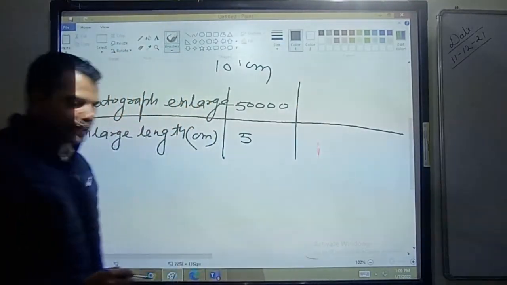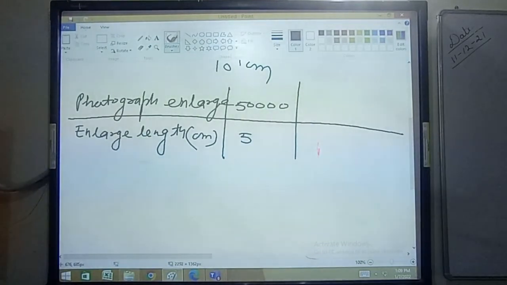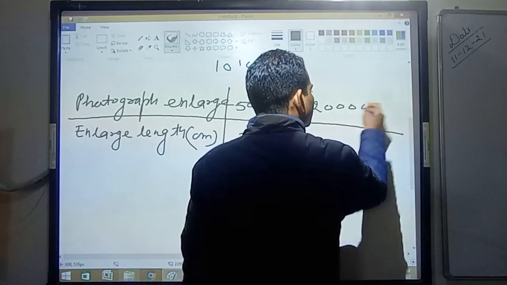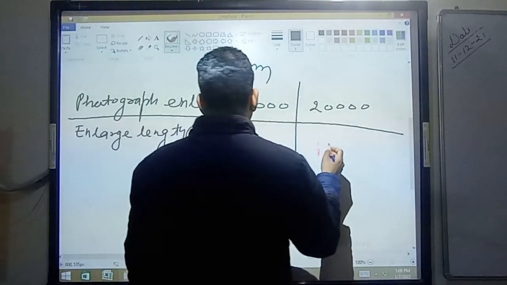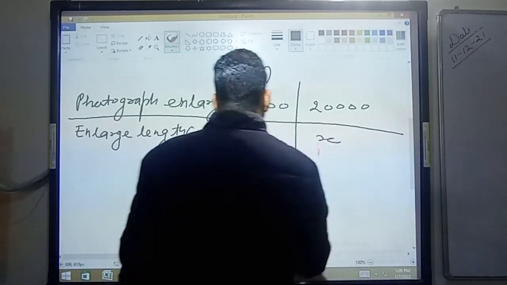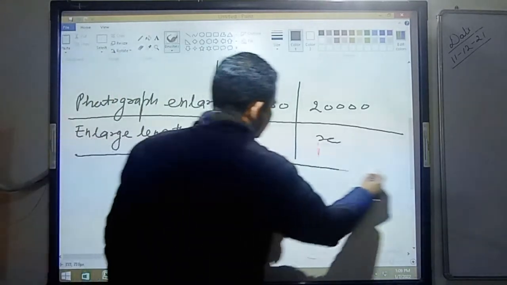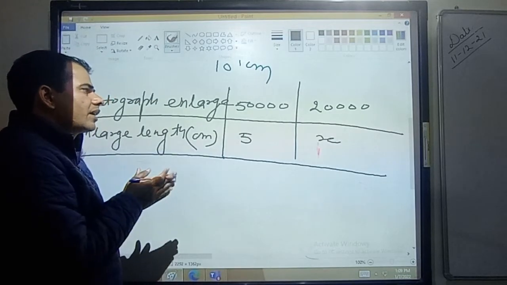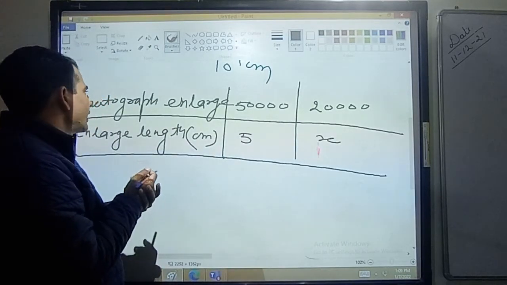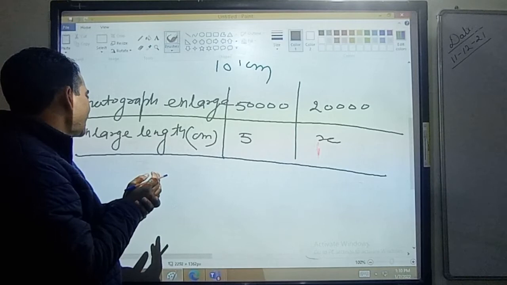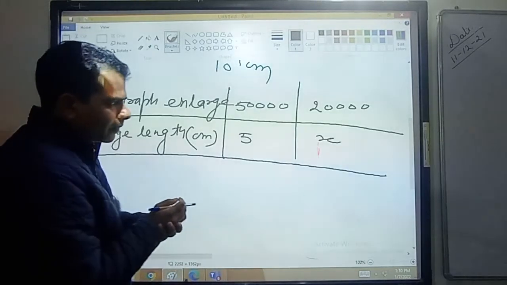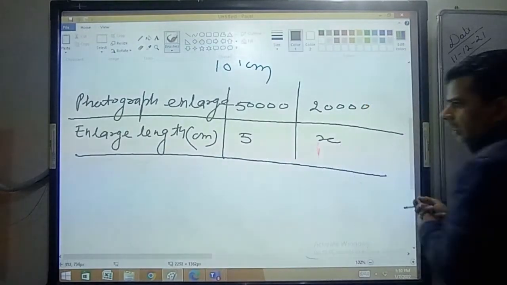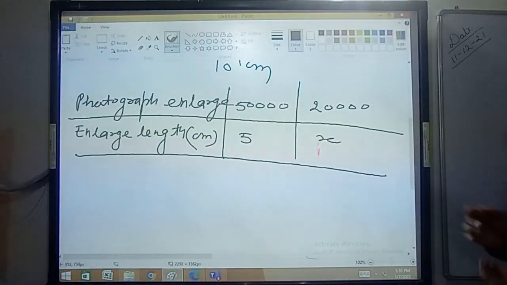If it becomes 20,000 times, then its enlarged length becomes, please tell me. Now for 50,000 times the enlarged length is 5 centimeters. If it becomes 20,000 times, then the enlarged length will also decrease.